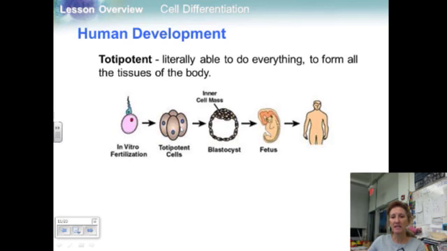Only the fertilized eggs and the cells produced in the first few divisions of embryonic development are truly totipotent. After that, they can't become just anything. They can become most anything, but not just anything. Totipotent cells, just after the first few divisions, are able to form all the tissues of the body.